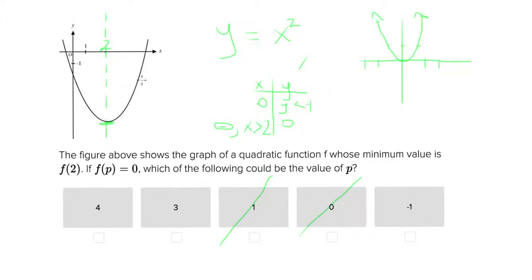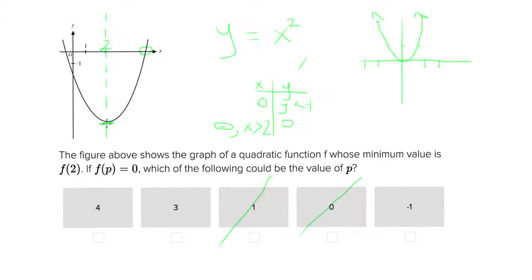But it could be 3 or 4. We don't know what this value of x is over here. And then we know that it could also be negative 1, because we also have some negative value, but we don't know which. This is where knowing that the function is symmetrical on both sides comes in handy.